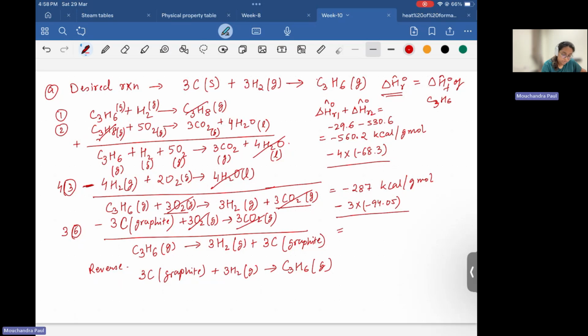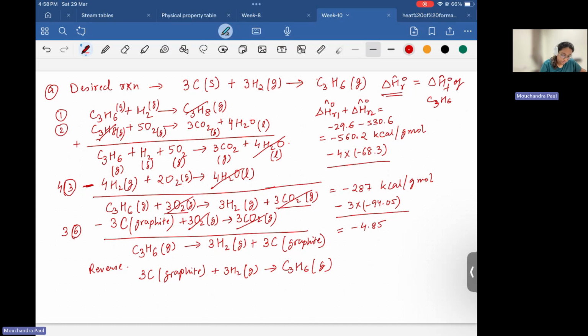And it turned out to be 3 into 94.05. It is minus 4.85. This 4.85 is the heat of the reaction, which talks about breaking down propylene into carbon and hydrogen.